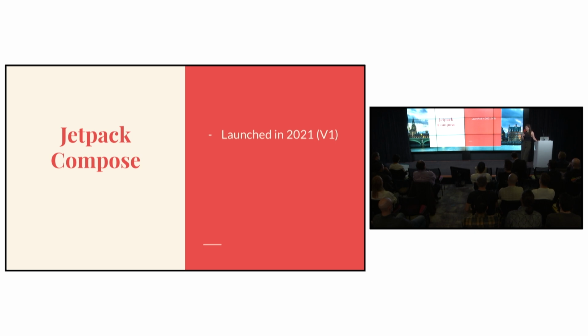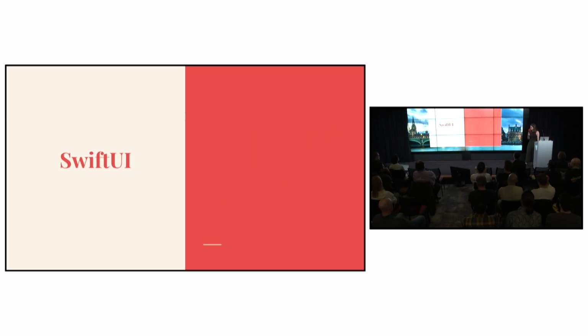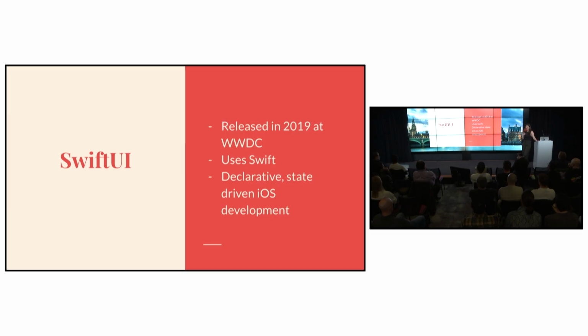There was a V0 launched in 2020, but V1, the first stable version, 2021. It uses Kotlin, and it is declarative, state-driven Android development. SwiftUI, released in 2019 at WWDC, uses Swift. And you can kind of see where this is going. It's declarative and it's state-driven.